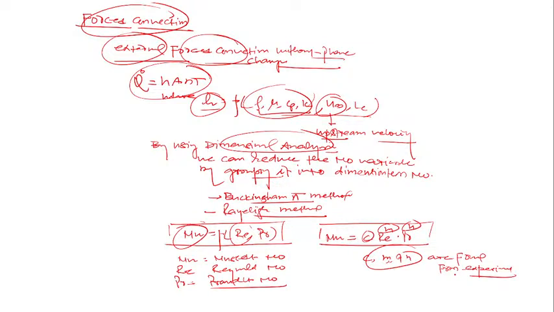I will show you in an upcoming lecture how to perform the experiment and how to find this functional dependency, but that is the way. Is this clear? What the Nusselt number, Reynolds number and Prandtl number are, and their significance, we will discuss in the upcoming lecture.